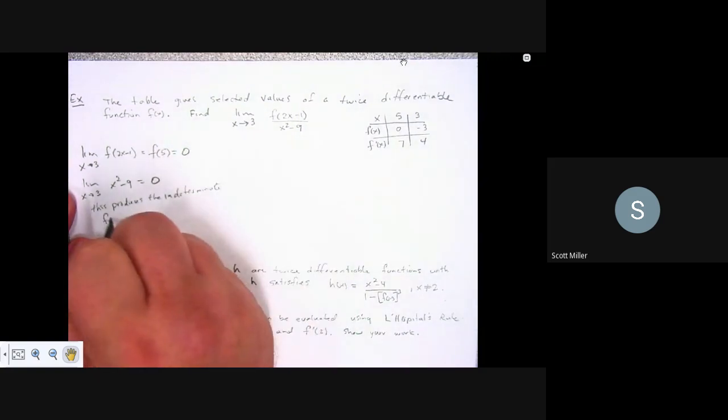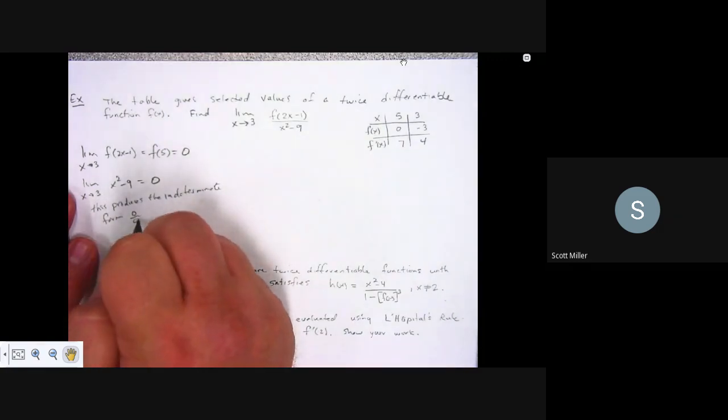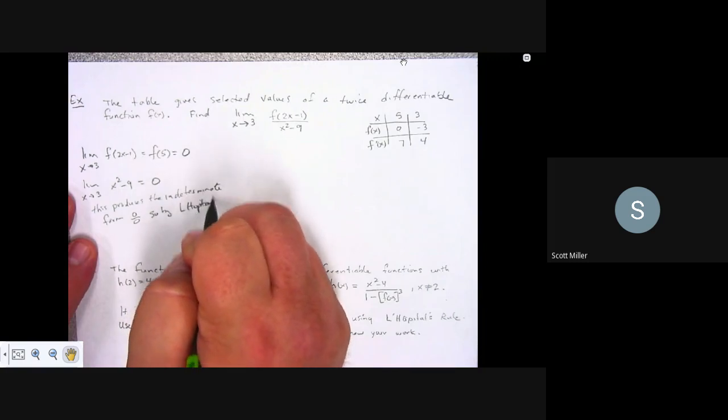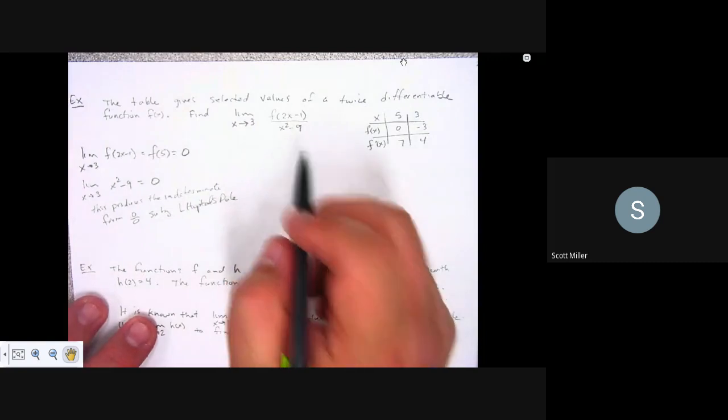This produces the indeterminate form 0 over 0. So by L'Hopital's rule, I can take the derivative of the top and I can do the same thing for the bottom.